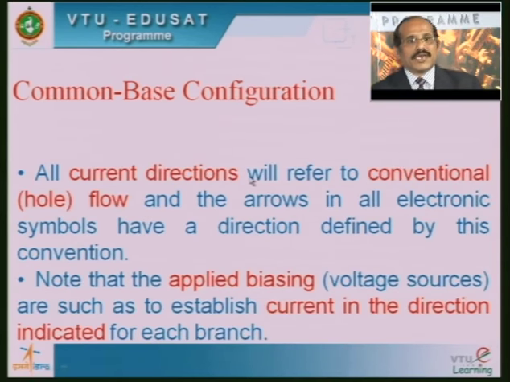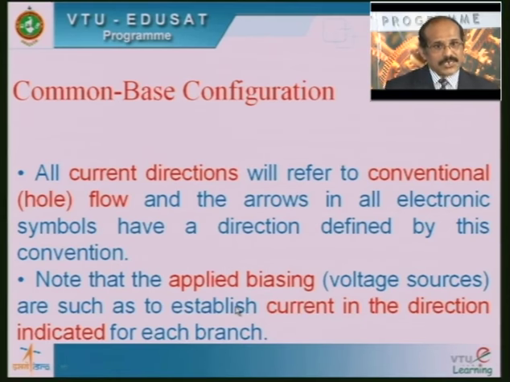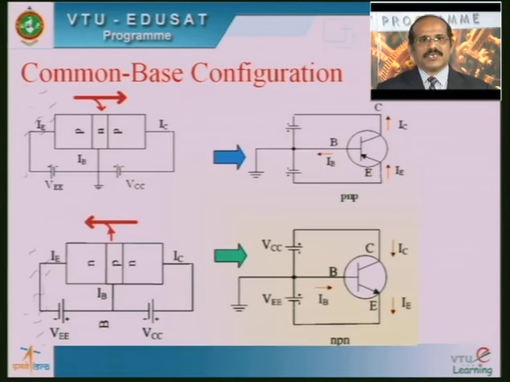Also note that all current directions in BJT refer to conventional flow, that is the conventional direction of hole flow. That means it is against the direction of electron flow, and the arrows in all electronic symbols have a direction defined by this convention only. Note that the applied biasing is such as to establish the current in the direction indicated for each branch.